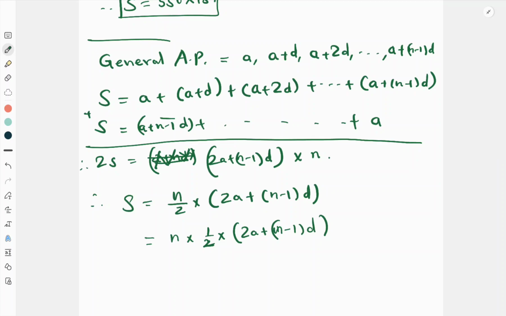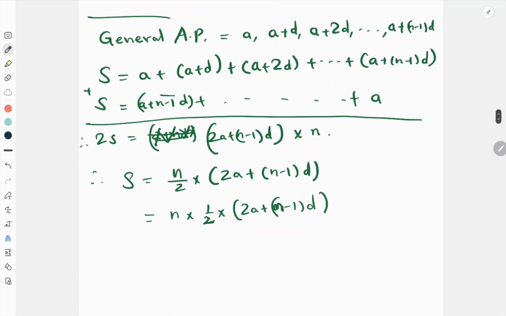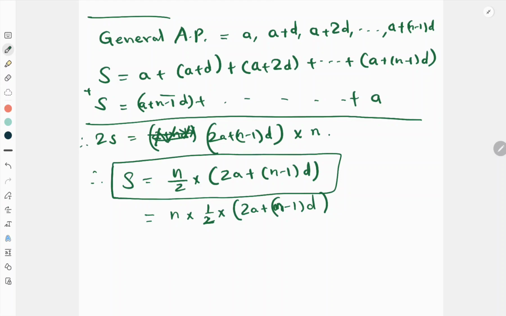And there are n total terms like this. If I'm taking the average, I have to multiply by the total number of terms to get the total sum. So s is equal to n by 2 times 2a plus n minus 1 times d. That is the general formula we get, which can also be interpreted as the average times the number of terms. So this is how we can solve for the sum of a general arithmetic progression.